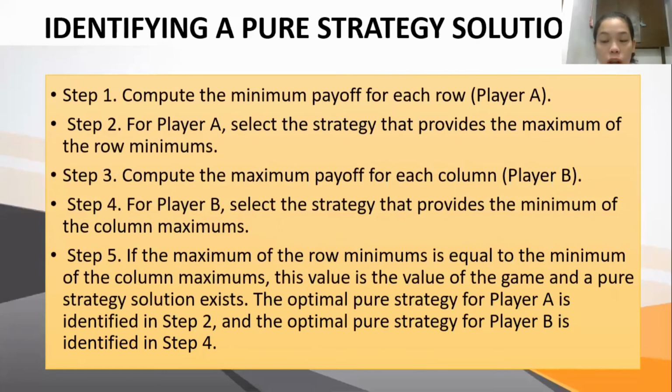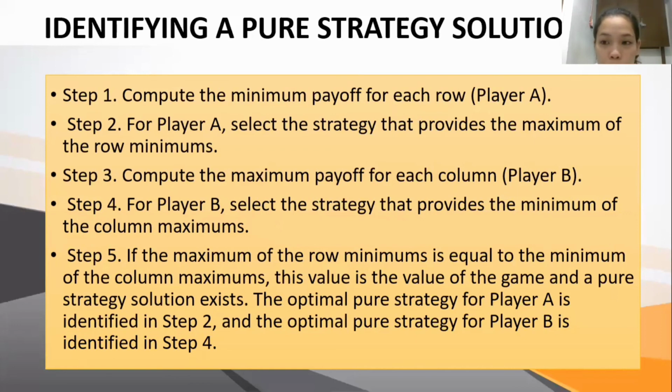If a pure strategy solution exists in the game, then it is the optimal strategy solution for the players. These are the steps that can be used to determine if the game has a pure strategy solution and to identify the optimal pure strategy for each player.